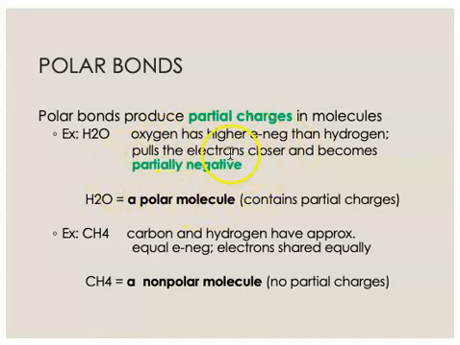Oxygen becomes partially negative, hydrogen becomes partially positive. Therefore, in a water molecule, we have two polar covalent bonds. Water is therefore a polar molecule because it contains partial charges.